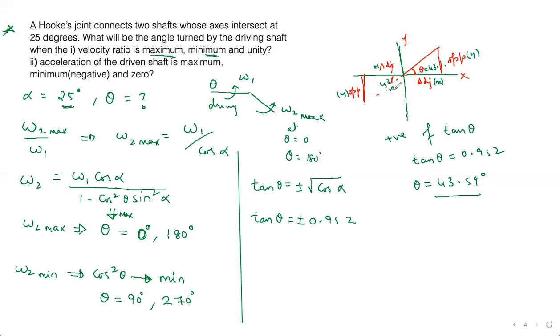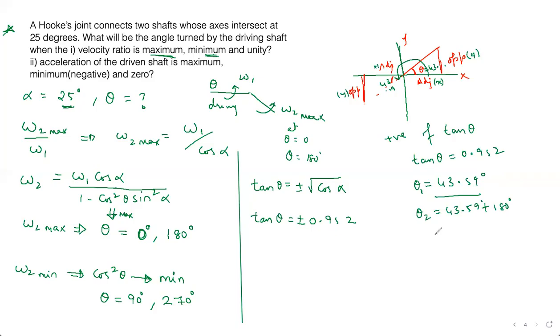So how will I get the total angle? Total angle means with respect to the positive x, I need to check this angle, right? So I can check it as 180 plus 43.59, the next angle. So theta 1, let's take theta 1. So theta 2 is equal to 43.59 plus 180 degrees, right? So just add 180 degrees.